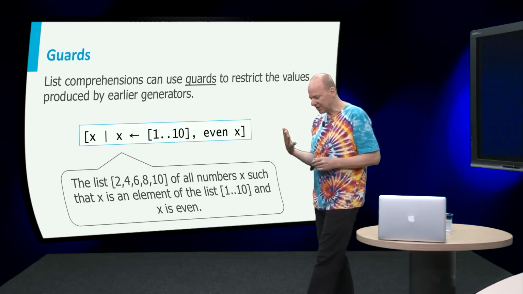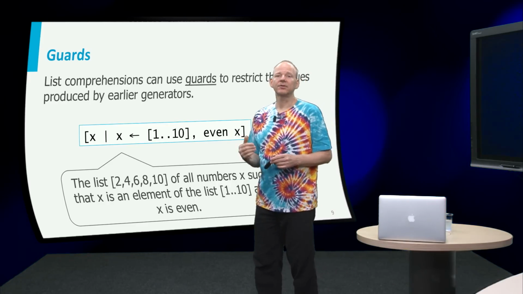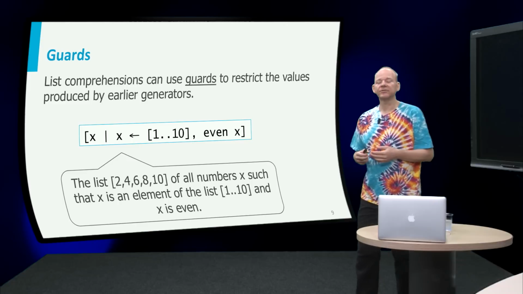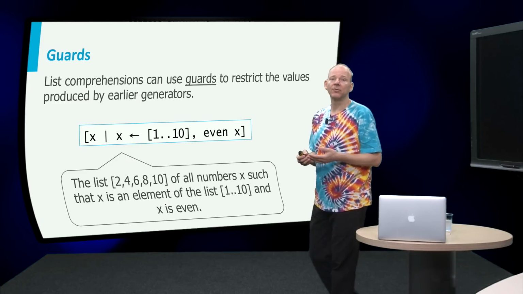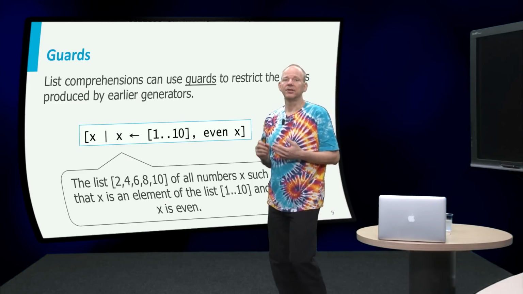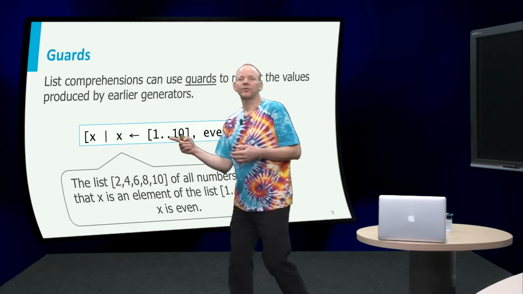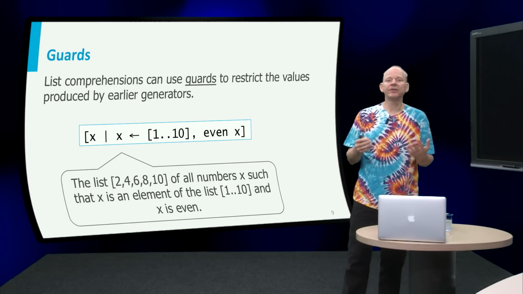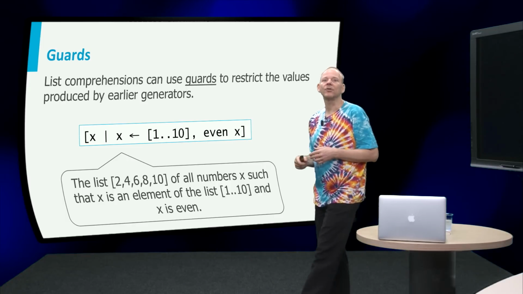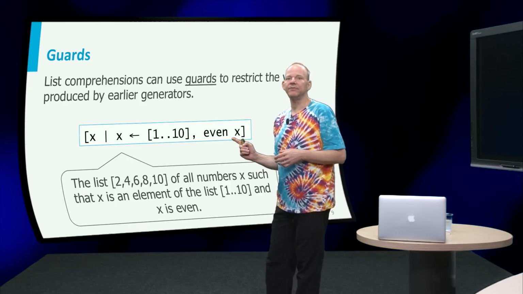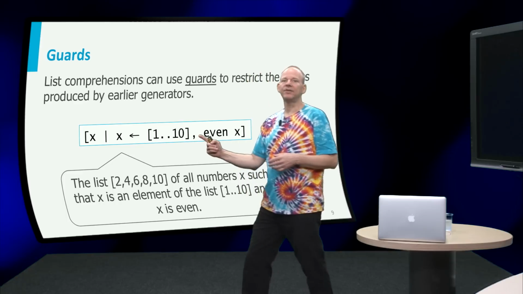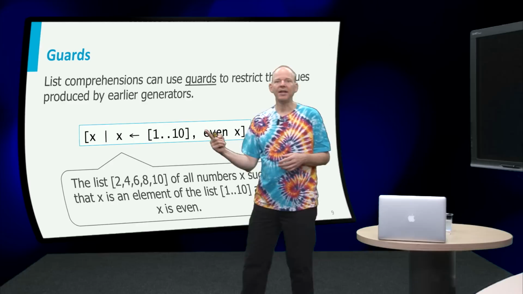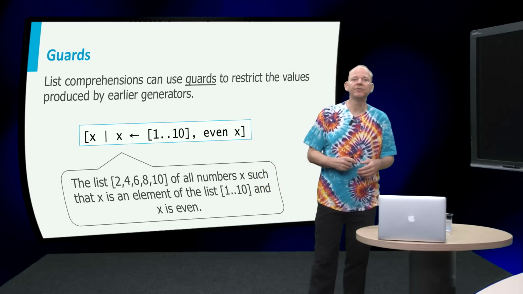Now the next thing, besides generators, that you want to use in a comprehension, and that's also used a lot in set comprehensions, is to allow filters. You want to have x drawn from some collection, but you want to throw out certain values for which a predicate does not hold. So for example, if we want to have all the even numbers between 1 and 10, we can just say x is drawn from 1 to 10 and filter out only the even numbers.